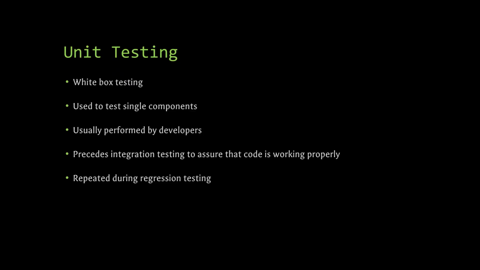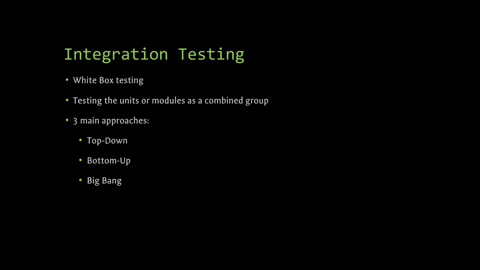This is just what the developers do before they hand the code off to someone who will do a more thorough test. Now, unit testing can be repeated if there's a problem in a regression test later on, but we'll get to that in a little while.